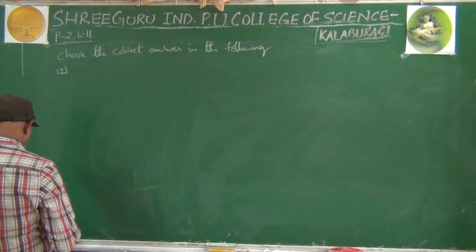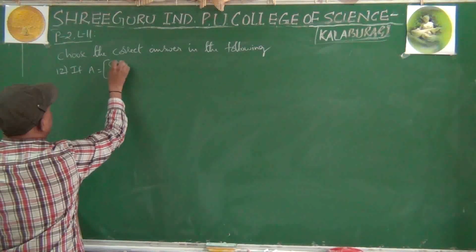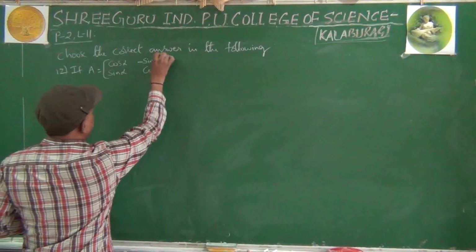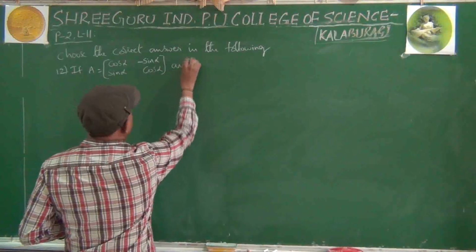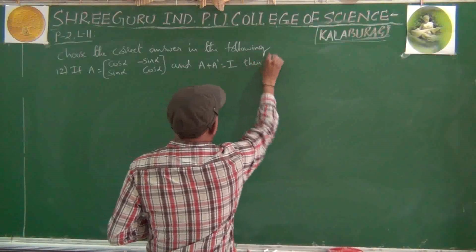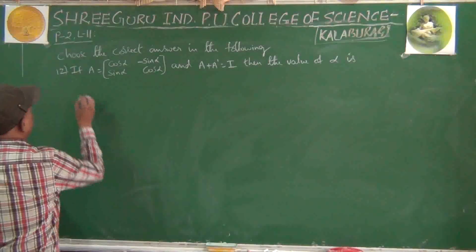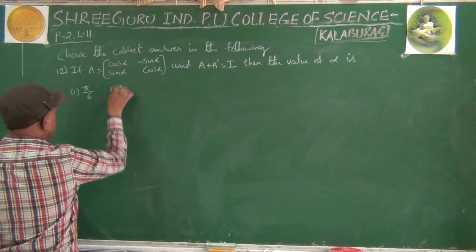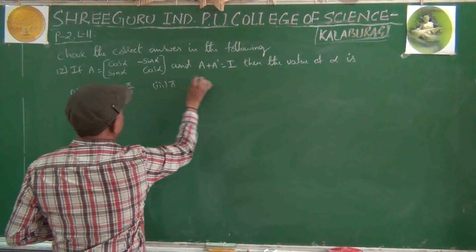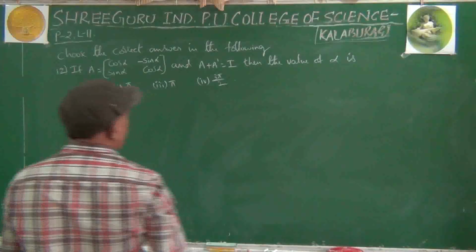If capital A equals cos alpha, minus sin alpha, sin alpha, cos alpha, and A plus A dash equals I, then the value of alpha is: first option pi by 6, second option pi by 3, third option pi, fourth option 3 pi by 2.